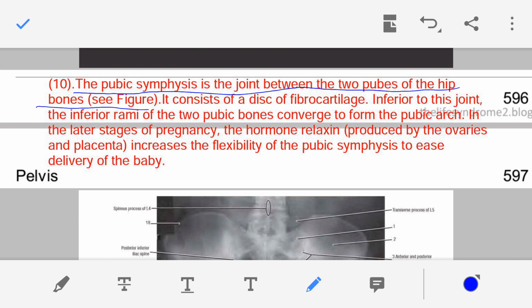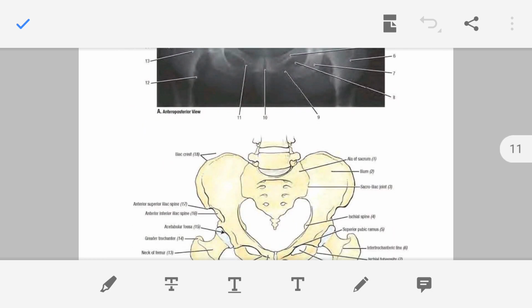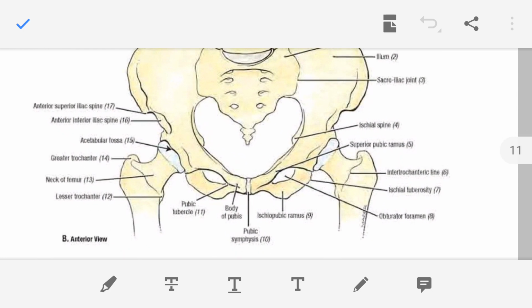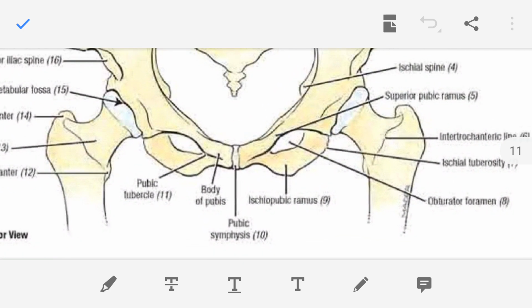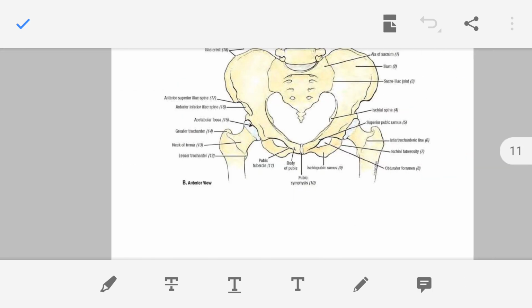So what is the pubic symphysis? It is actually the joint between the two pubes of the hip bone. So this one is the body of the pubis. Where the two pubes are joining, they are forming the pubic symphysis.